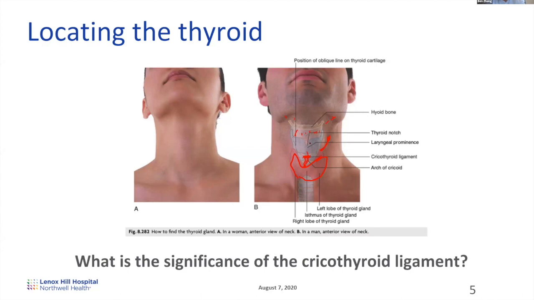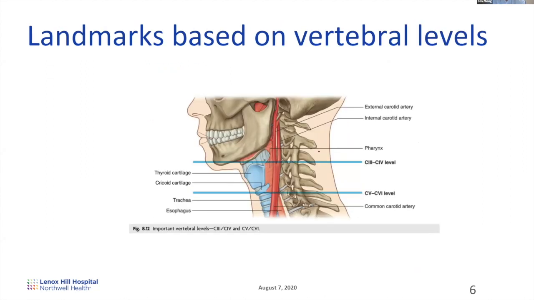So for the most part, making an incision here avoids the thyroid, avoids harming the thyroid cartilage, which is right here, and a lot of other structures. I talked about earlier that the C3, C4 level is important.